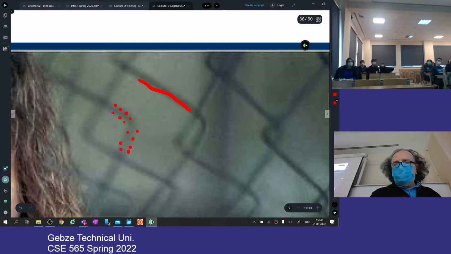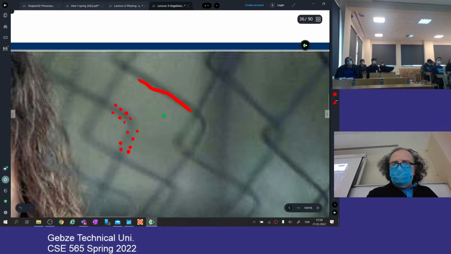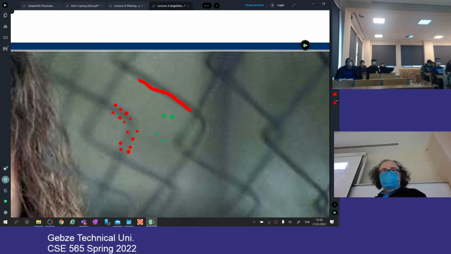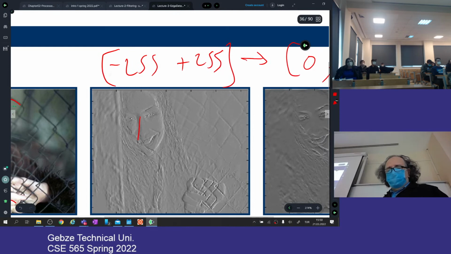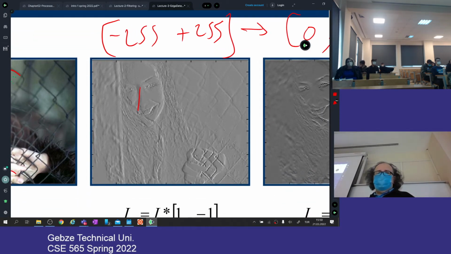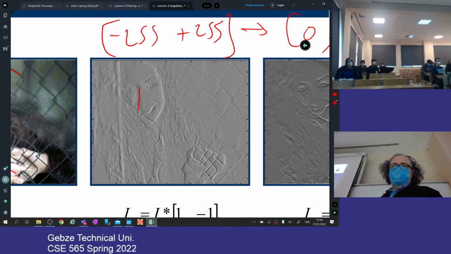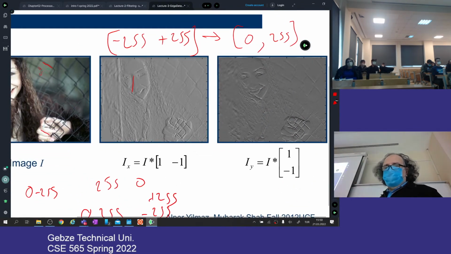These are the edge pixels, but these are not edge pixels. So I need to classify each pixel either as an edge or not an edge. When I look at this image, all I see is just a regular image. The numbers change from minus 255 to 255, and in this case I normalize to be between 0 and 255. I don't see any classification of the pixels as an edge pixel or not an edge pixel.